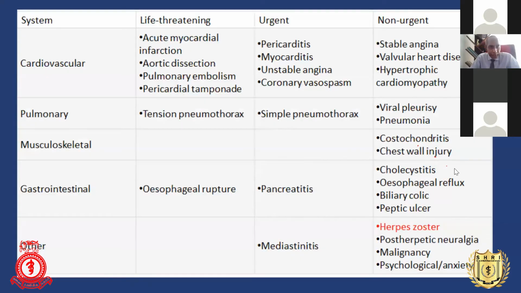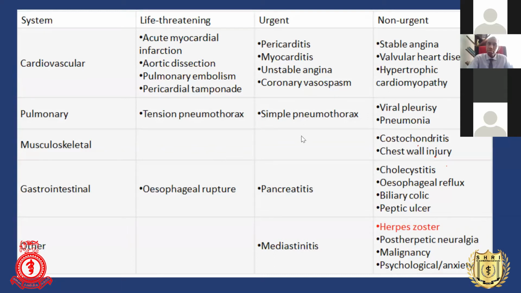As I mentioned, the causes for chest pain can be cardiovascular, pulmonary, musculoskeletal, gastrointestinal, or any other. Out of these, the most worrying diagnoses are the fatal ones, the big six: acute myocardial infarction or acute coronary syndrome, aortic dissection, pulmonary embolism, pericardial tamponade, tension pneumothorax, and esophageal rupture.